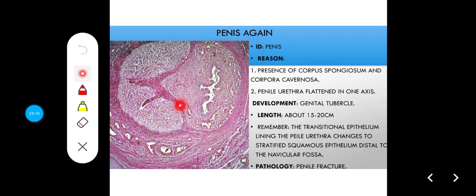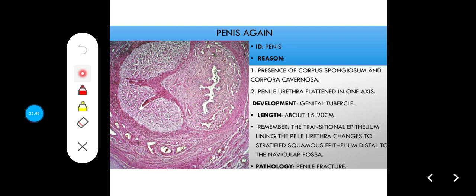Then the ventral one, in normal anatomical position, is the corpus spongiosum, and you can appreciate the penile urethra within it. And then the classic monkey face appearance: the penile urethra flattened in one axis within the corpus spongiosum.